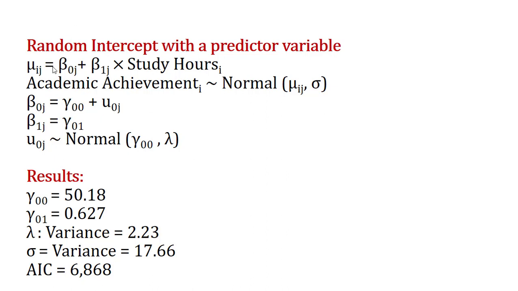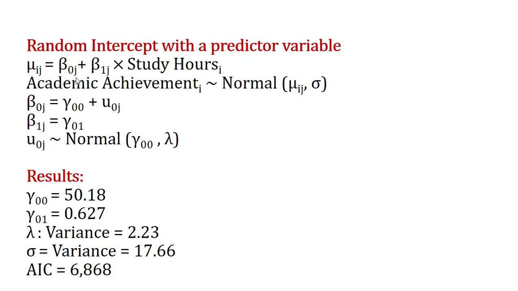In the previous models we only used the intercept of a regression, so we only used the beta 0, and we had a beta 0 without variability and a beta 0 with variability. The model with variability on the beta 0 was better than the model without variability, so we are going to keep that variability in the model.